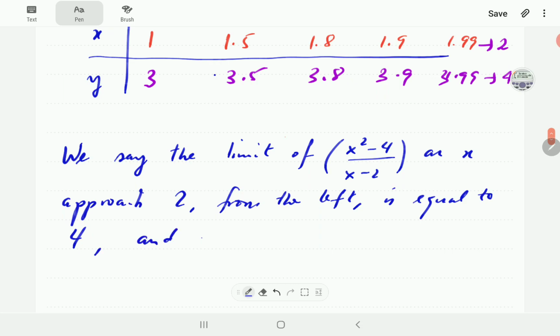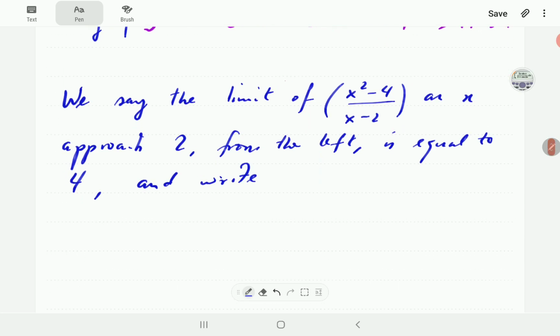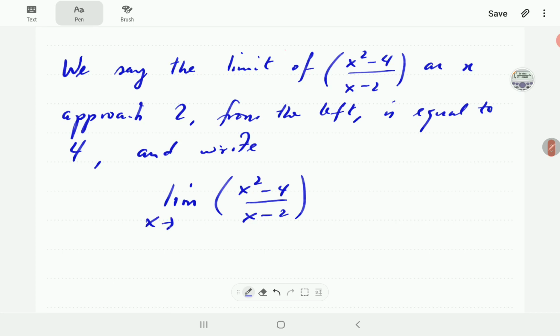Notationally we can write this in a compact form as follows. We write LIM for limit. So we say the limit of (x squared minus 4) over (x minus 2) as x approaches 2 from the left, which we denote by that little negative there, is equal to 4.